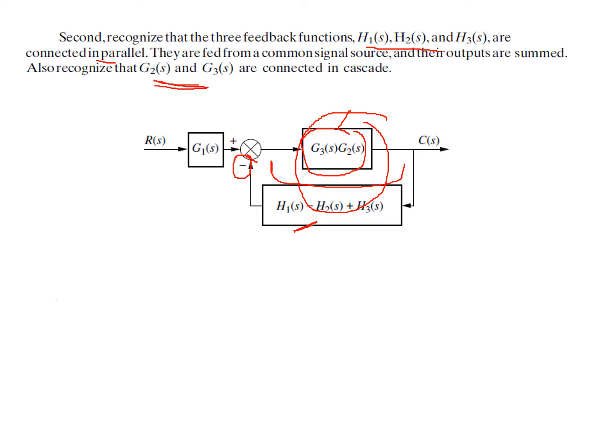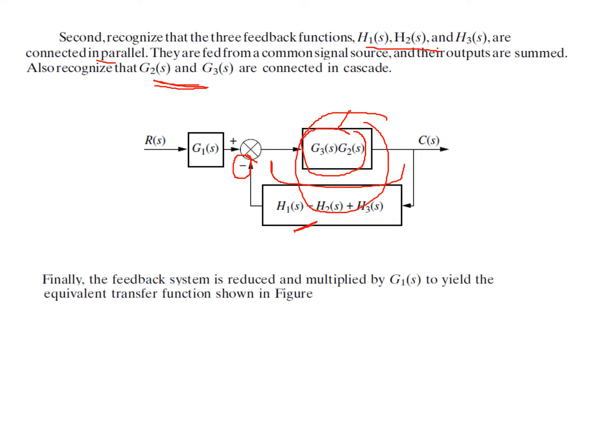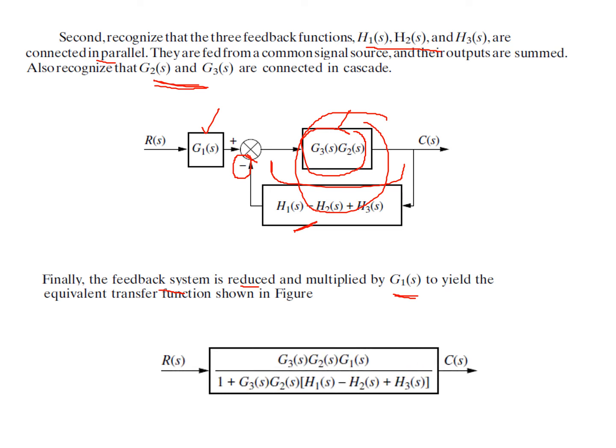After eliminating, we are going to multiply with G1 of S. That is, the feedback system is reduced and multiplied by G1 of S. Then we get the equivalent transfer function, which is shown in the given figure. That is the simplified block diagram for the given block diagram. These types of problems are very important from the JNTU point of view.